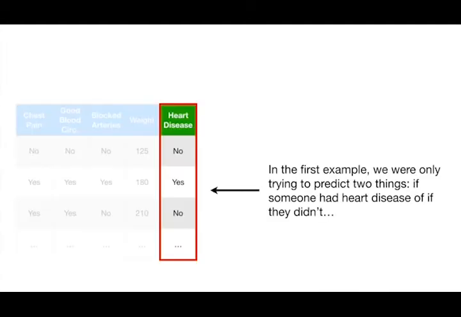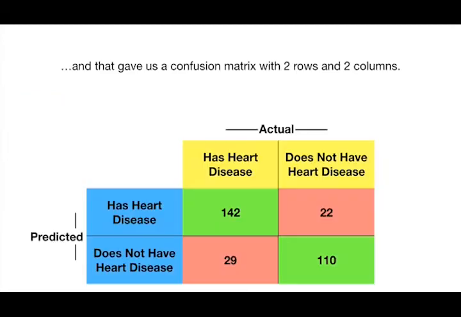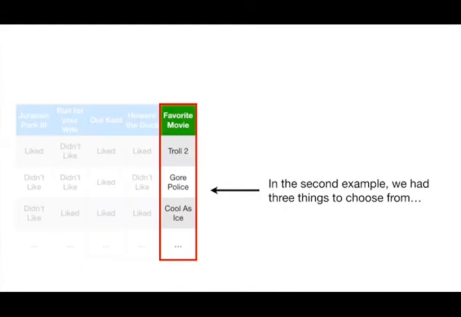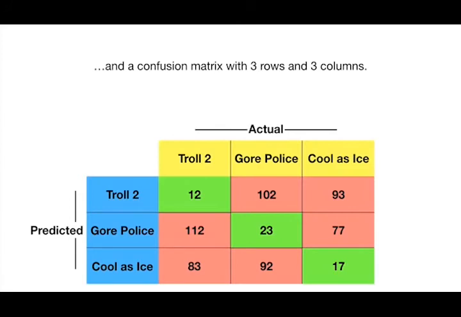Ultimately, the size of the confusion matrix is determined by the number of things we want to predict. In the first example, we were only trying to predict 2 things, if someone had heart disease or if they didn't. And that gave us a confusion matrix with 2 rows and 2 columns. In the second example, we had 3 things to choose from, and a confusion matrix with 3 rows and 3 columns.